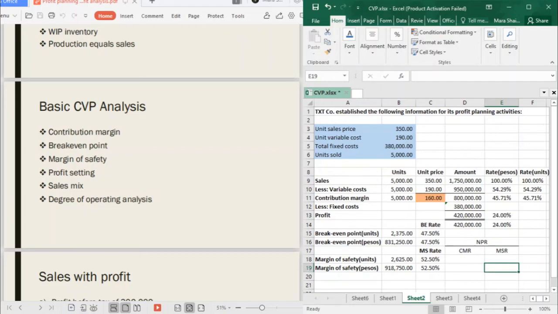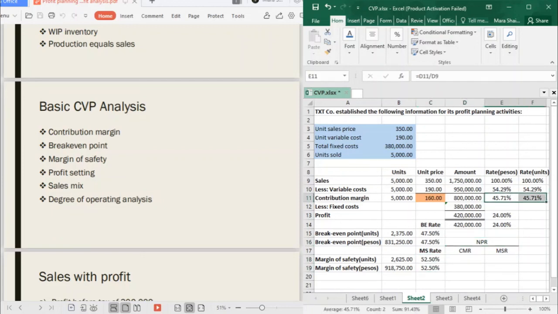So, kaning diri nga part is multiplied na siya, and then kana siya is naka-triangle. So, it works either in rate or in peso or in units because again, same ra na siya, diba?